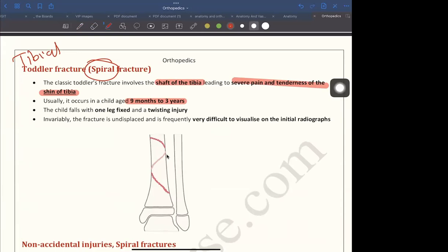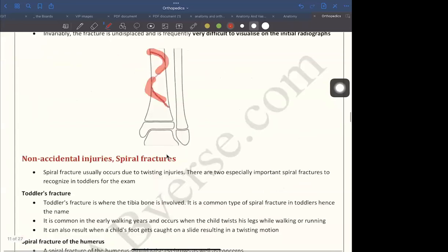There is some kind of twist in the area, but no interruption of the cortex. It's very difficult to diagnose with an X-ray, but there is high suspicion if a child presents with tibial pain after a twisting injury.